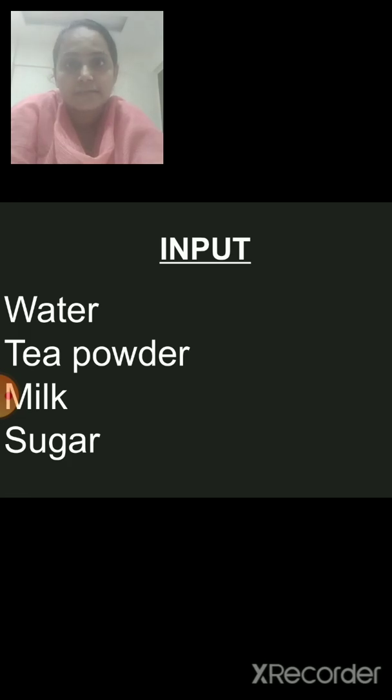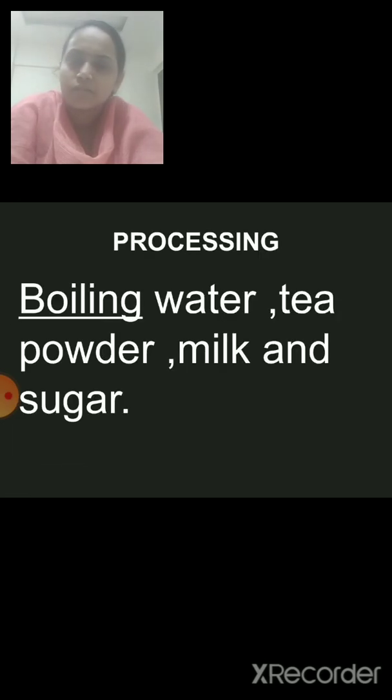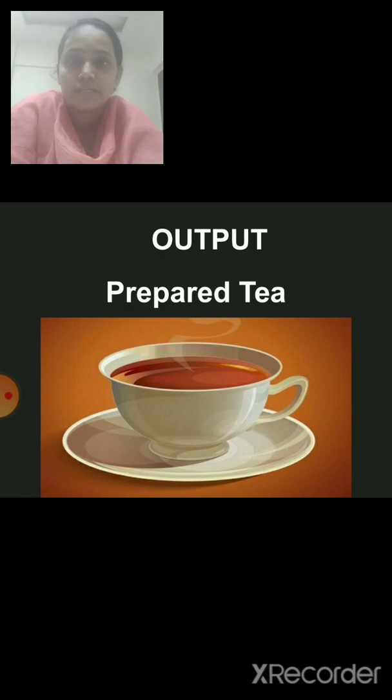Take this as the input. Then what is the processing? We boil it together. Water, tea powder, milk, and sugar we keep for boiling. That is processing. And after boiling all this, what do we get? We get tea. The final output is the prepared tea. So, understood? Input, process, output.